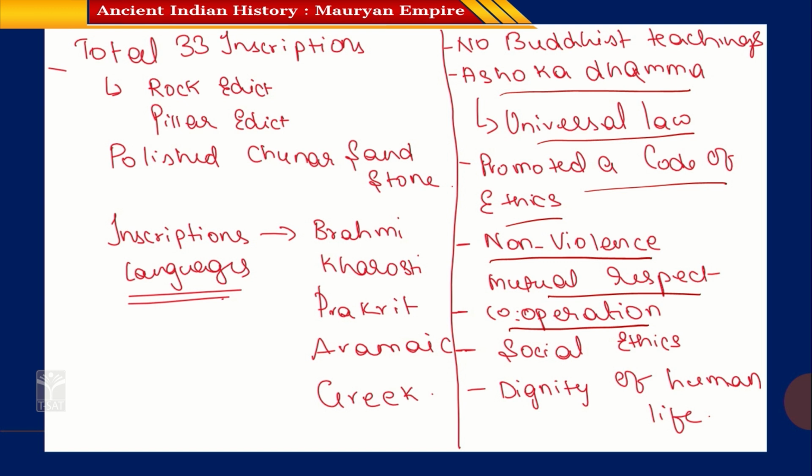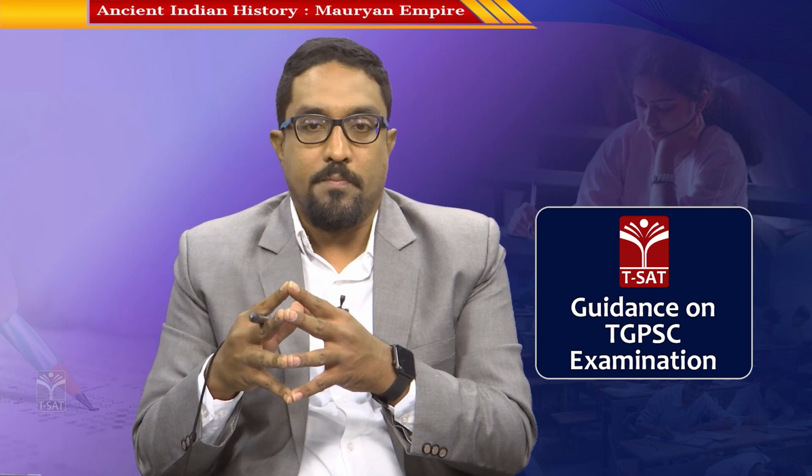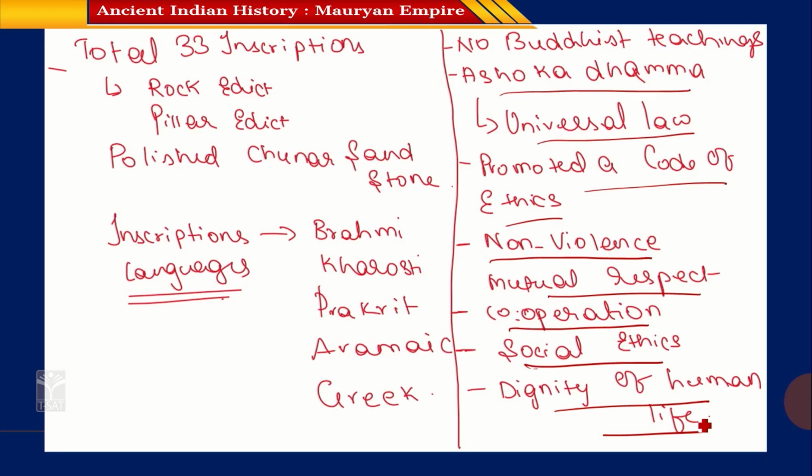Ashoka Dhamma emphasizes social ethics, behavioral ethics among the people, and the dignity of human life. As I said before, these inscriptions use different languages in different regions based on whichever language is used.